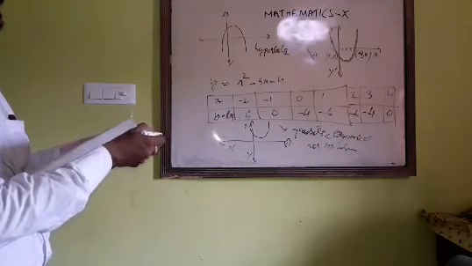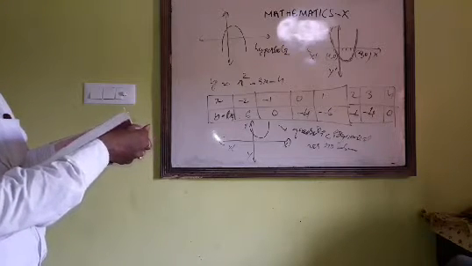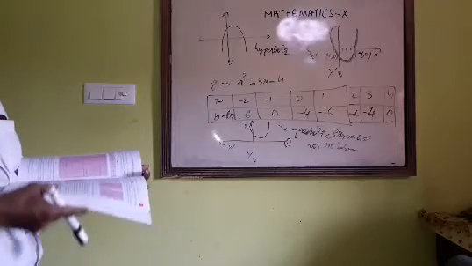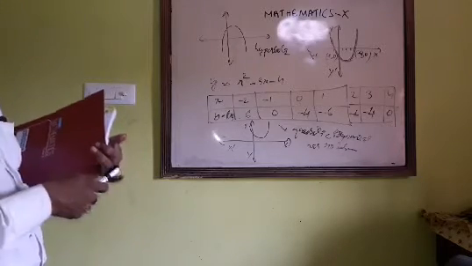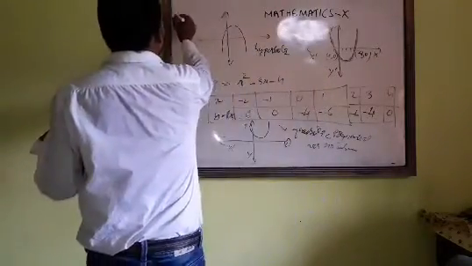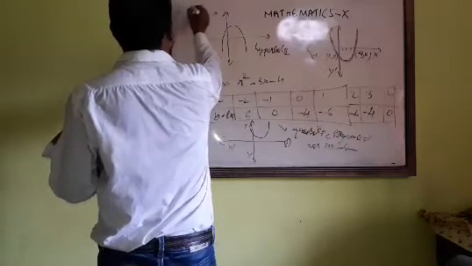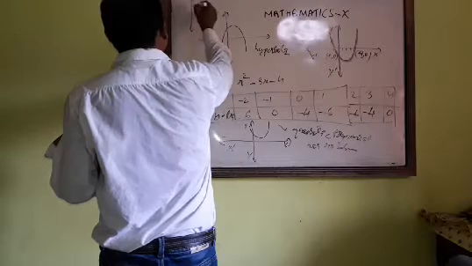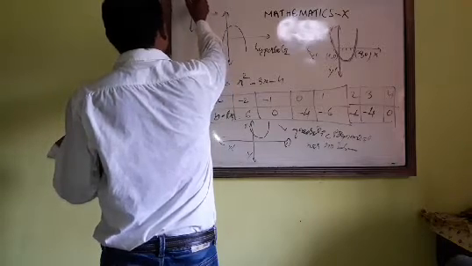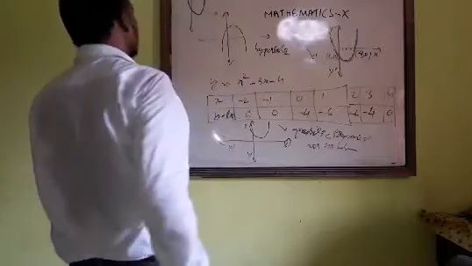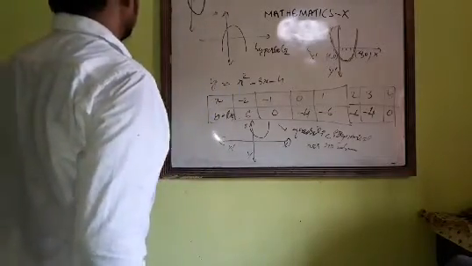So these are the basics about the graphs of quadratic polynomials. And one more case. In the Cartesian coordinate system, you take this parabola.